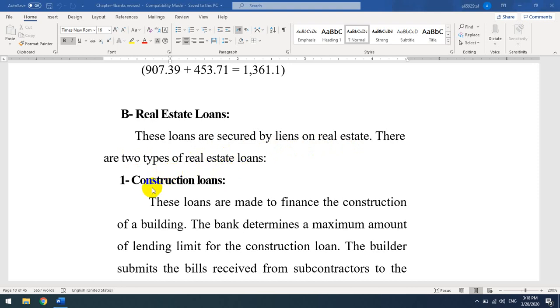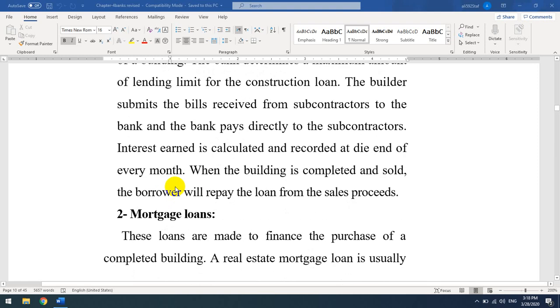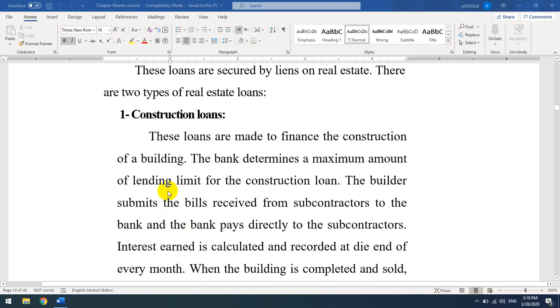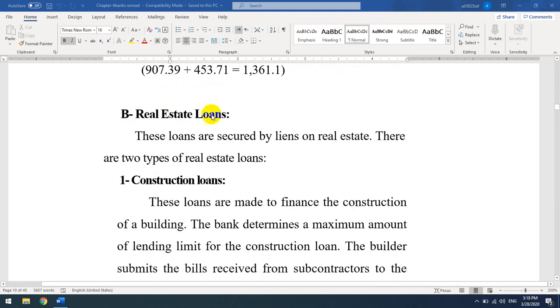First is the construction loan, and second, the mortgage loans. What's the difference between these two types of real estate loans?